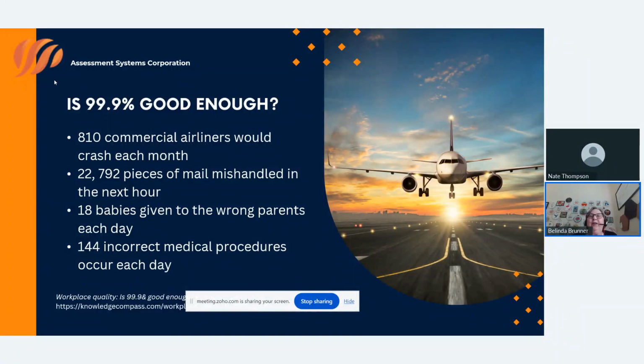I can't verify or attest to the accuracy of these statistics, but I think it makes a point that for some things, 99.9% is just not good enough. If it were 99.9% good, according to this statistic, we would have 810 commercial airliners crash each month. And so 99.9% being a metric of good may not work for things like critical errors.